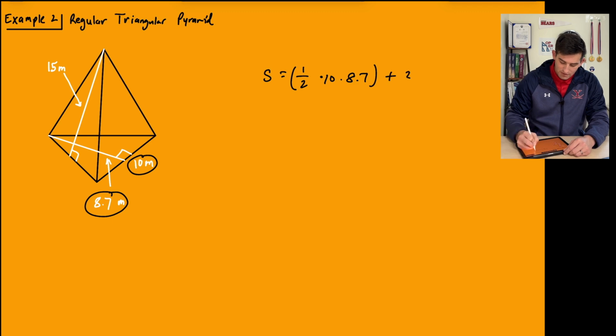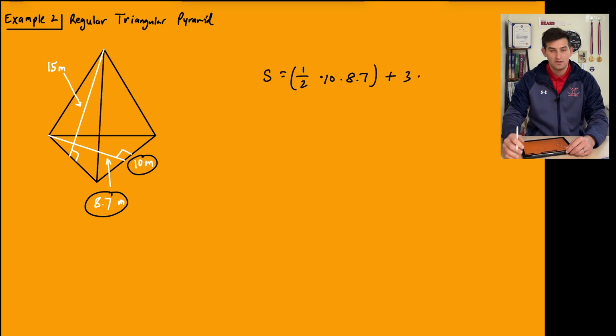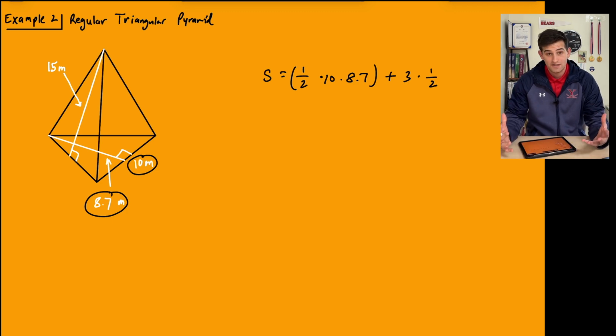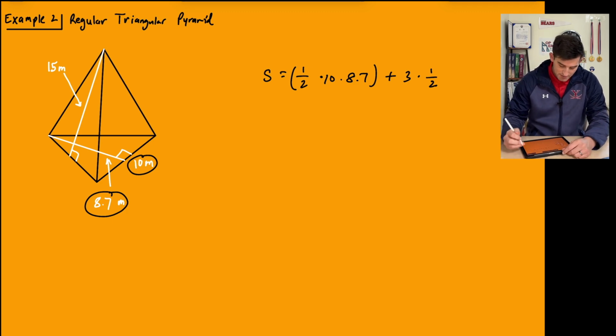Okay? So then we're going to add that to 3 times each of the areas of our faces, because there's 3 faces, right? All right, so now we have 1/2, because once again, our faces are triangles. The base would once again be 10, but now the height of our faces is 15, okay?